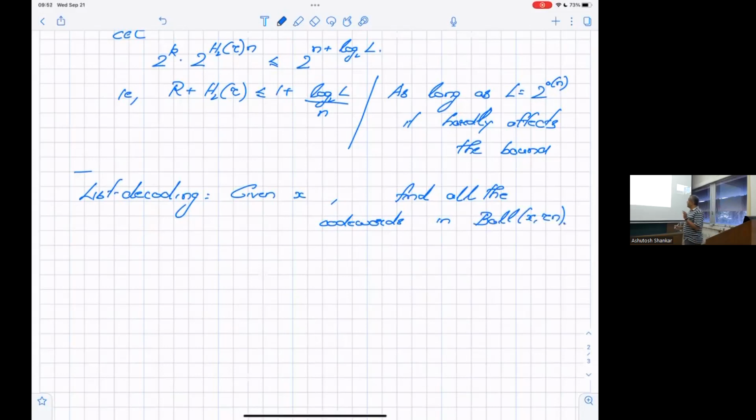In general, for example if tau is very, very large, this need not be an algorithmic question. The number of code words itself might be exponential. If tau is chosen so that this holds, L will always be sub-exponential. In most cases we see that L will not only be sub-exponential, it will actually be polynomial. Then you can ask the algorithmic question: given that the answer is polynomial, is there an algorithm that will find all the code words? That's the algorithmic list decoding problem.